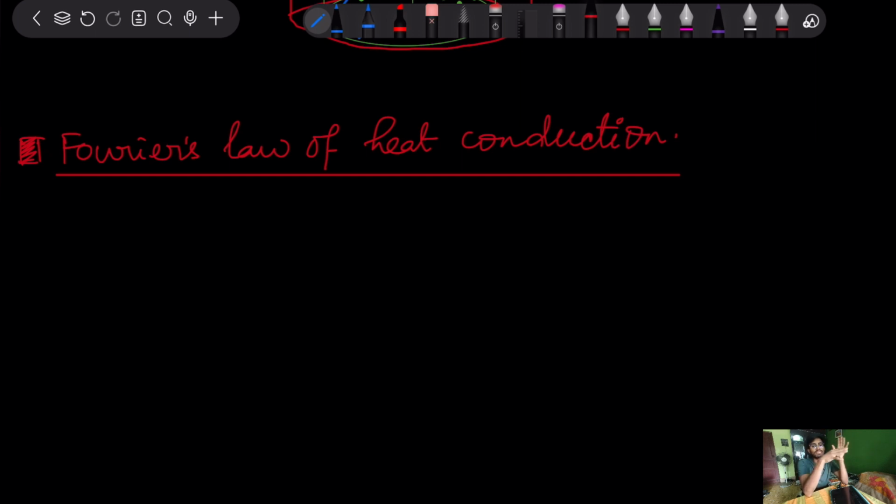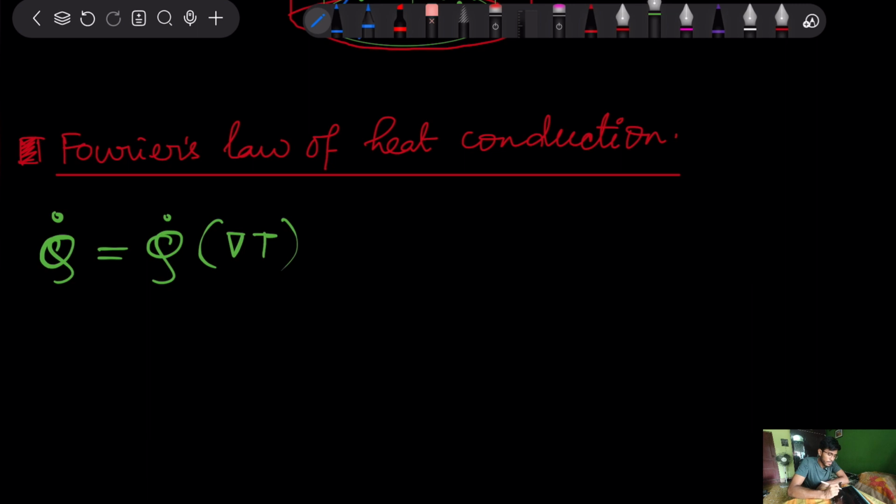Obviously, whatever I have told about this ice block and steel ball uses some scientific terminologies like state and heat flow. But without incorporating those, you can tell that definitely my heat transfer rate is a function of the gradient of temperature.